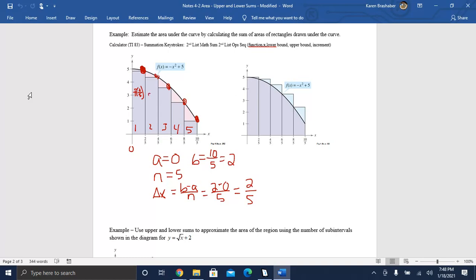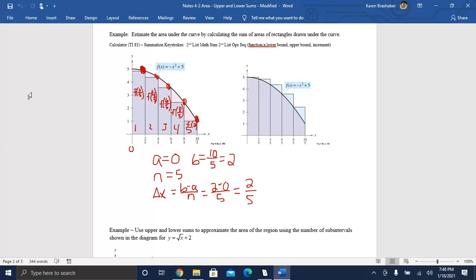Likewise, my second rectangle is f of 4/5, because it is whatever that y value is for the ordered pair. And then f of 6/5, and so on. So my next one would be f of 8/5, and then f of 10/5, or f of 2.